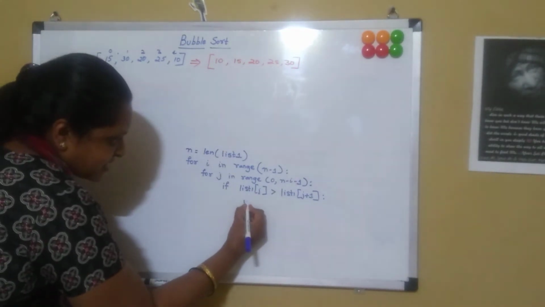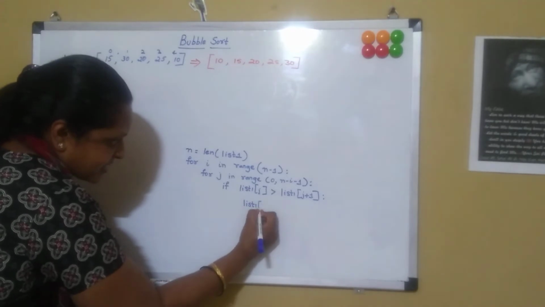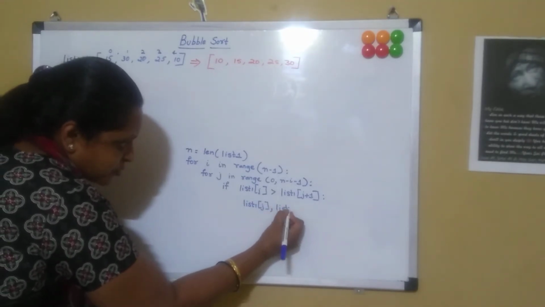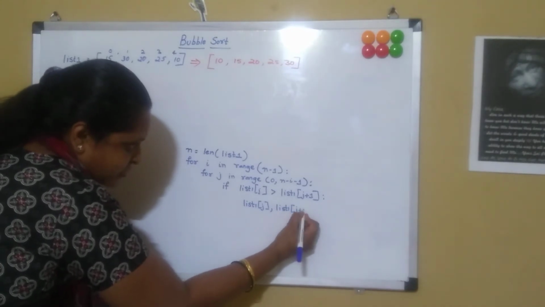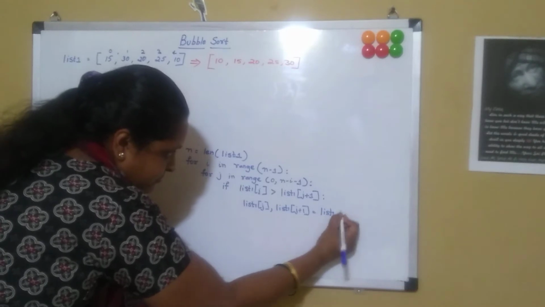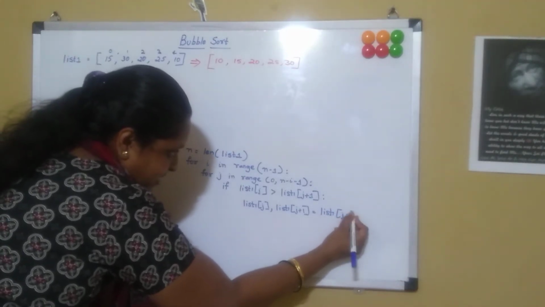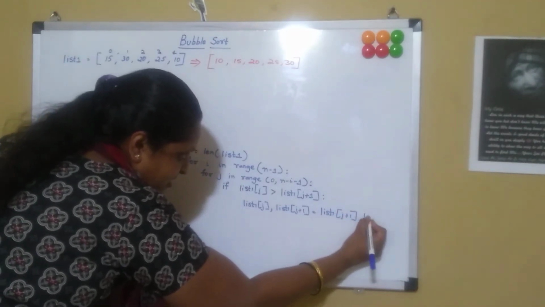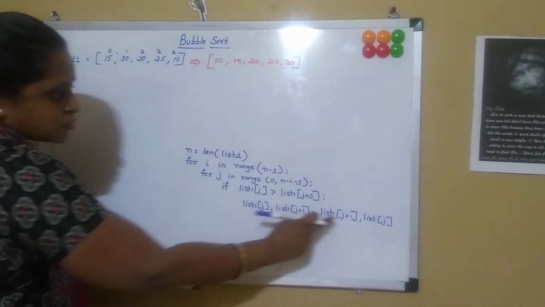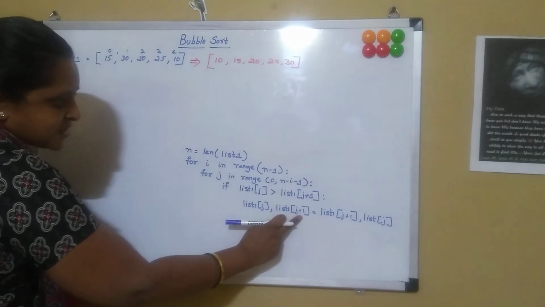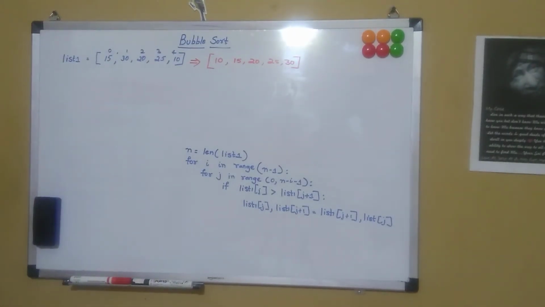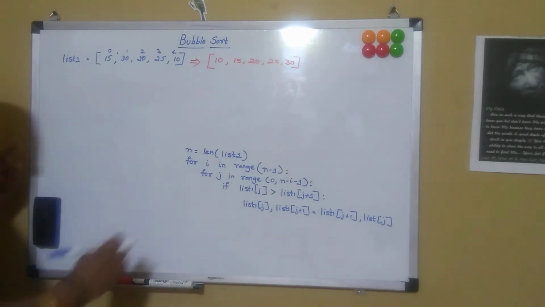For swapping I can give list1 of j, list1 of j plus 1 equal to list1 of j plus 1, list1 of j. So the jth value will go to j plus 1 and the j plus 1th value will come to the jth index. So this is how the sorting takes place.